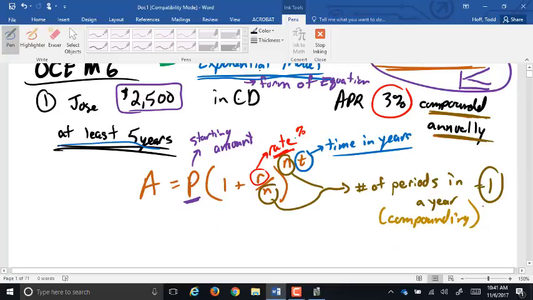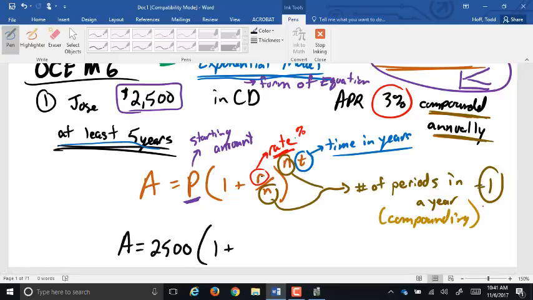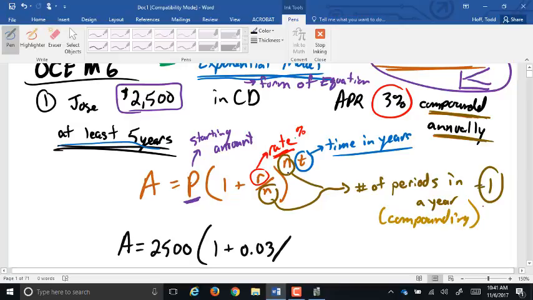So now for this problem, we're looking for the amount. We said that the principal was the 2,500. What's going to go in for R here? .03, yep. And then divided by, I'm going to write it like this instead of over the top because this is how it looked when we enter it in our calculator.